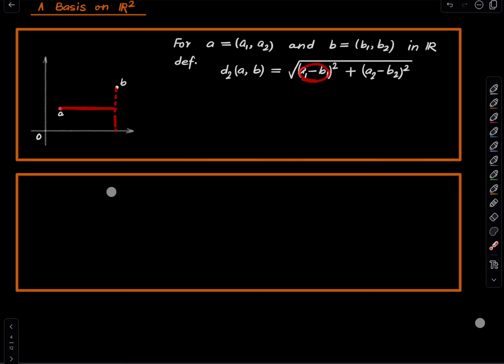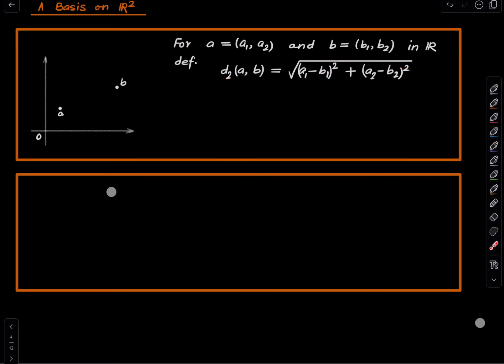Draw this vertical line here and draw this horizontal line there. So the length of this horizontal segment is |A1 minus B1|. The length of this vertical segment is |A2 minus B2|, in absolute value, of course. And then the length of this thing is, by Pythagoras theorem, this entity. So that's why we define the distance that way. So this is motivated by the Pythagoras theorem.